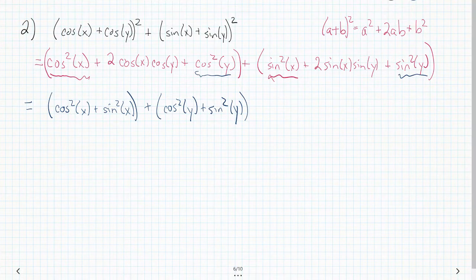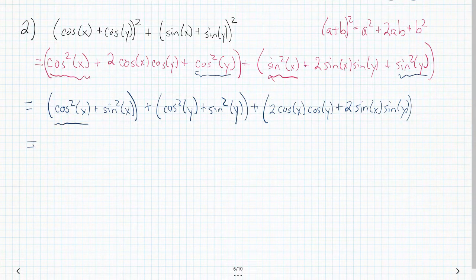And then the other piece, notice we can write the rest as 2 cosine x cosine y plus 2 sine of x sine of y. So notice that first whole term, that whole thing just goes to 1.